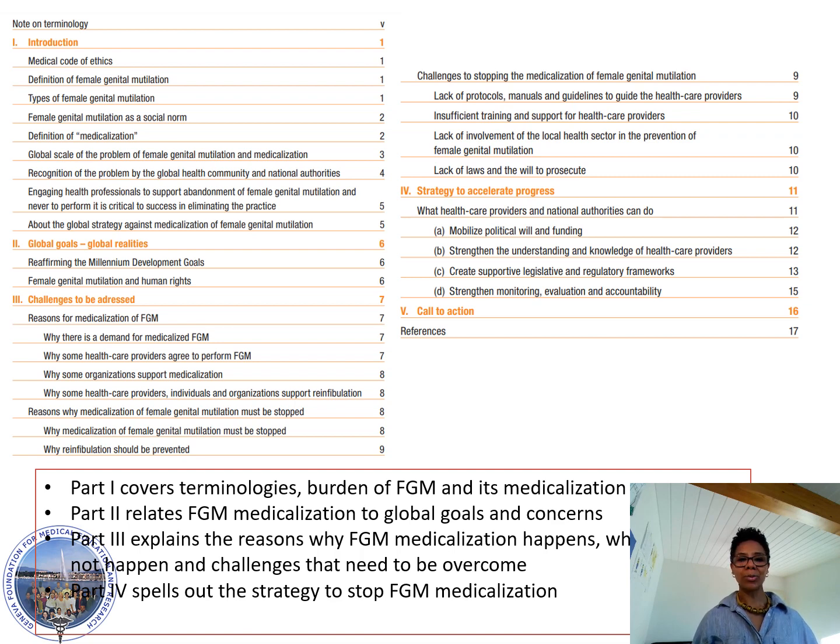And I think this was covered in session 1 about the drivers of FGM medicalization, and it also explains why it should not happen and what are the challenges that need to be overcome to stop it. And part 4, which I think is quite key here, and which participants are requested to read some more on, is these 4 strategic pillars of action that have activities that could be relevant to your own practice.